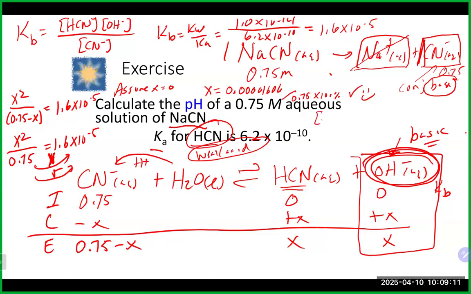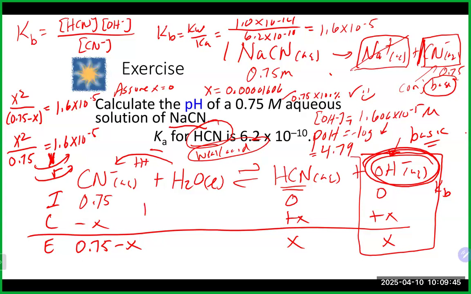So our hydroxide concentration is going to equal 1.606 times 10 to the minus 5 molar. That's going to go into our pOH equals minus the log of that. So minus the log of that is going to get us 4.79. That is our pOH.